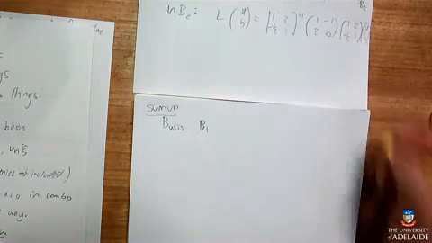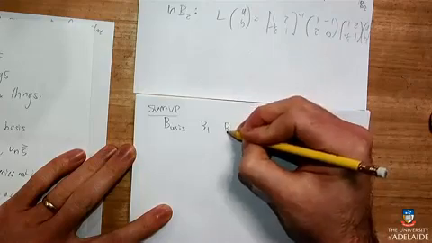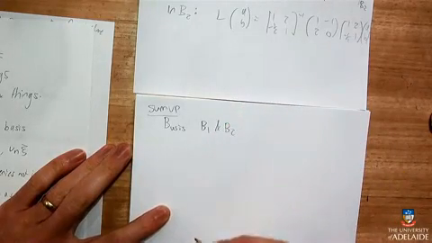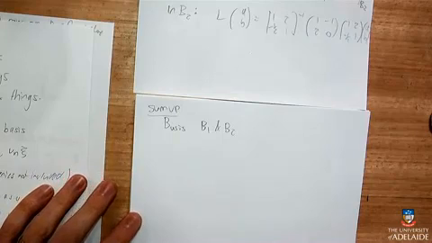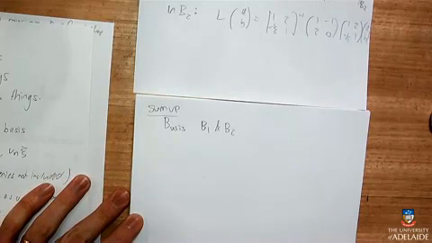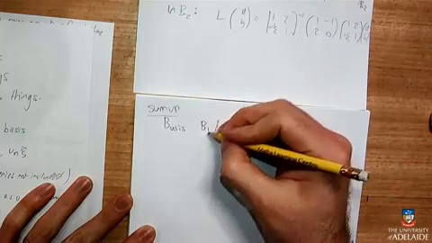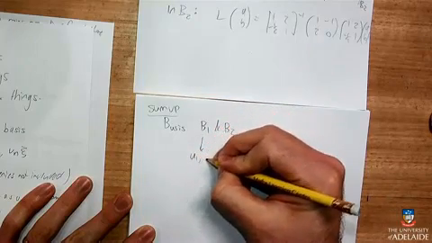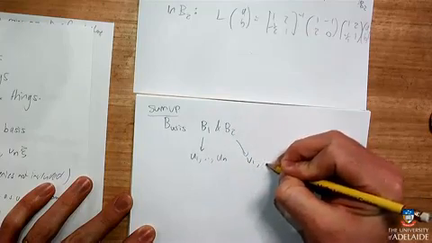We have basis B1 and another basis B2, and we already have vectors that are in terms of B1, and as long as we know how to write B2 in terms of B1, we can convert from 2 to 1 and vice versa. So let's call this one U1 up to UN, and this one V1 up to Vn.